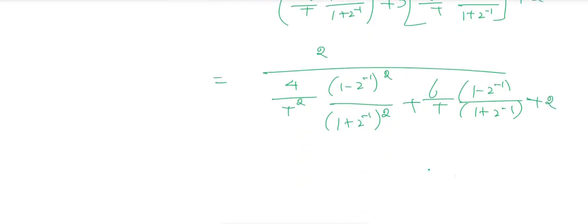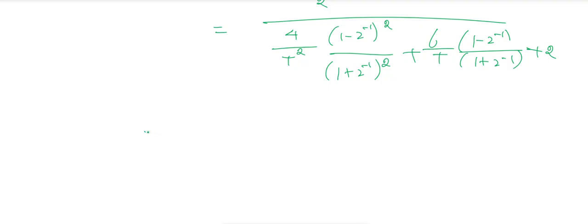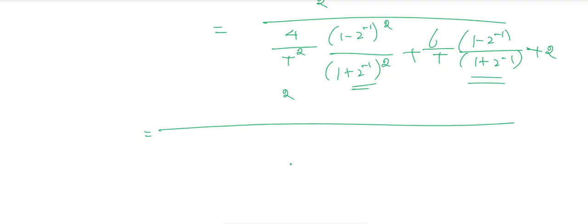So simplify, the numerator term is 2, divided by, taking the common term 1 plus z inverse squared.